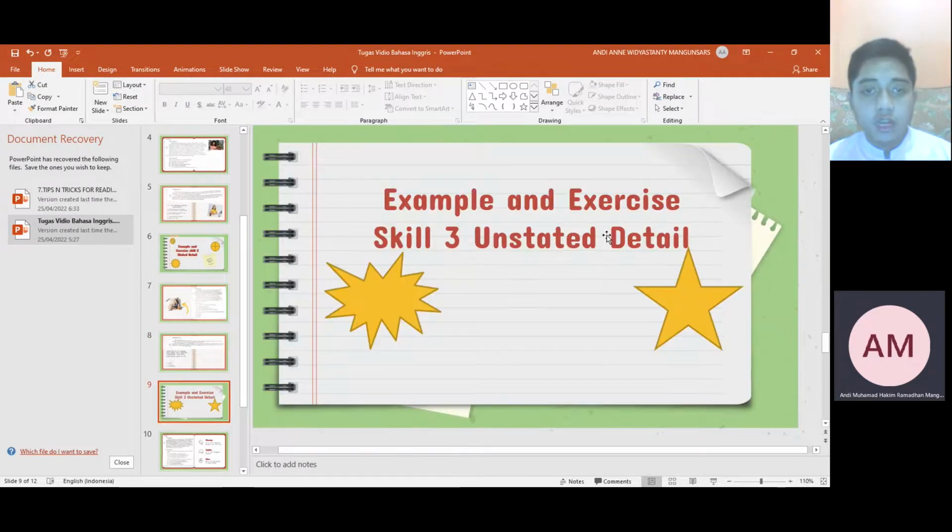Next, I'd like to look at. I will give you an example and exercise. I now want to go on to the slide about skill 3 of reading unstated detail. Let me give you an example and exercise.